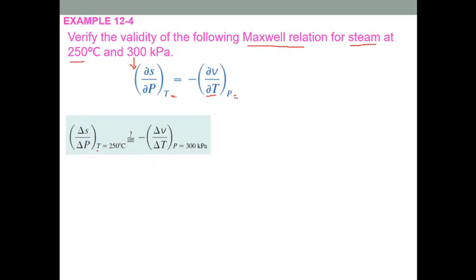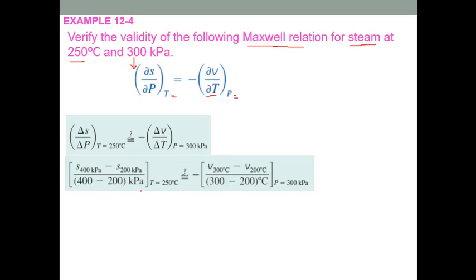So this is the given. With this approximation, T is 250 degrees C and the pressure is 300 kilopascal. The nearest points for 250 in the available table, for delta T, are 300 degrees C and 200 degrees C. Similarly, the available values nearest to 300 kilopascal are 400 kilopascal and 200 kilopascal.